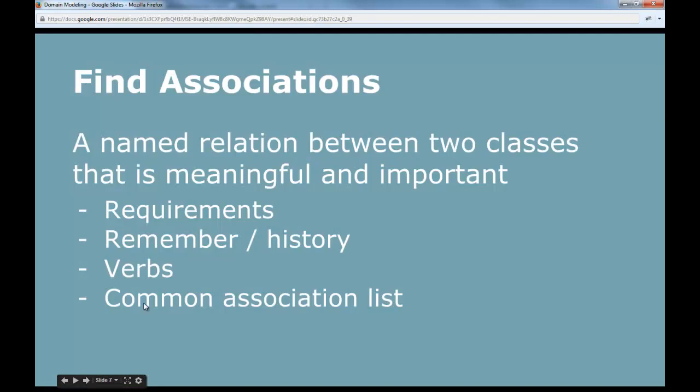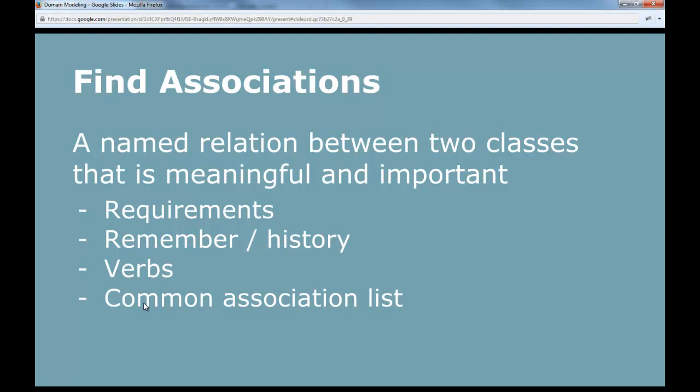So we have a lot of conceptual classes. Often when doing this and doing the pruning, you kind of find the associations also. But a little bit more specific, an association is a named relation between two classes that is meaningful and important. So it supports the requirement. Often it is something that needs to be remembered, some kind of a history.